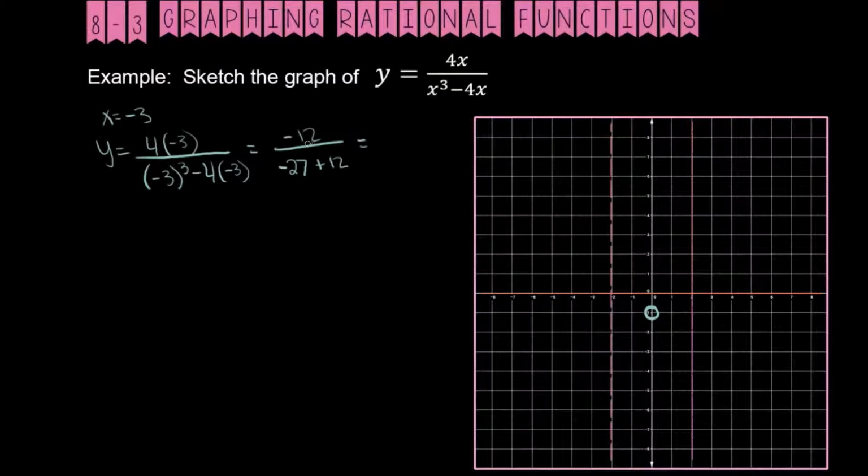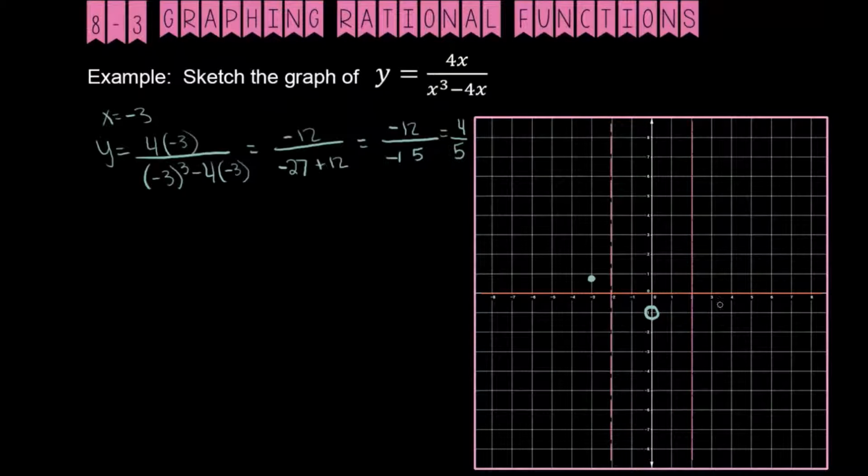So we get -27 plus 12 is going to give us -15. So -12 over -15 is going to be a positive 4/5. So I know that over here I'm going to be at a positive, almost a +1, so right in here. So that tells me my curviness is happening up in this quadrant over here.